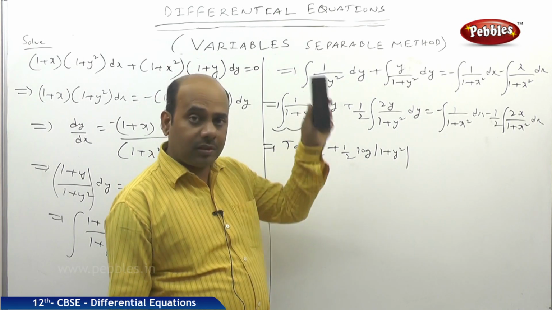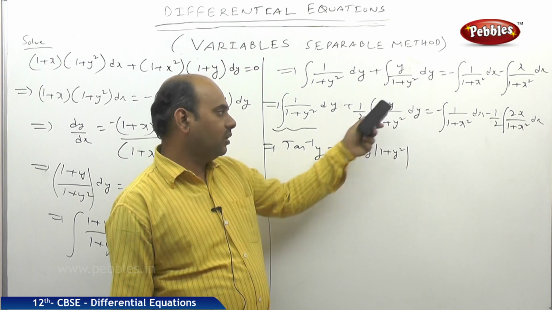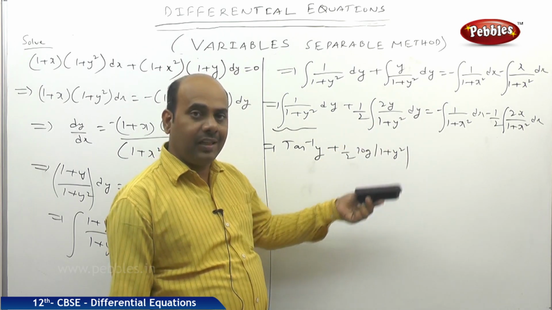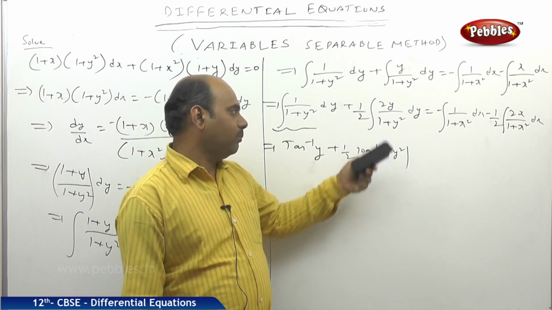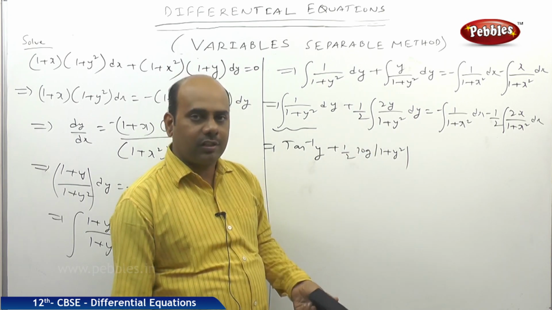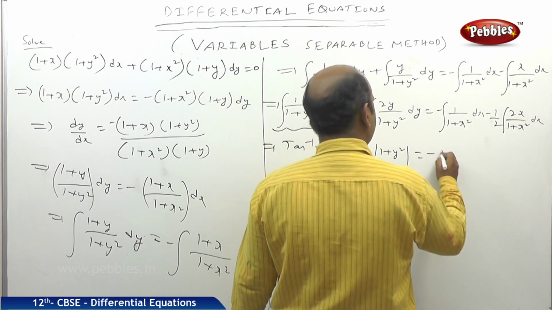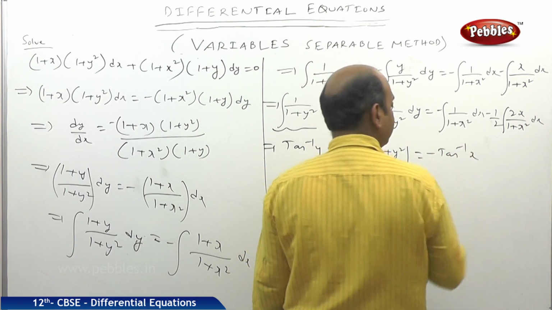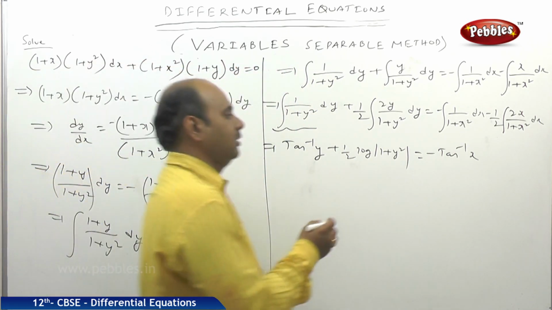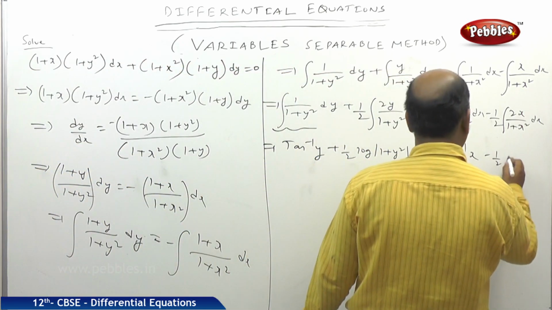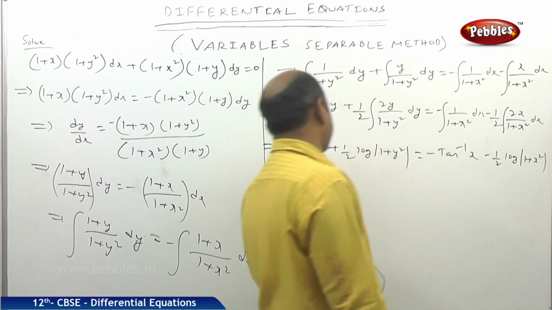In the substitution method of integration we have done, you put 1 + y² equal to t, then 2y dy we get as dt. So the integral of dt/t is nothing but log|t|, but in place of t here we have 1 + y². That is equal to, here also, minus tan inverse x, because the integral of 1/(1 + x²) is tan inverse x, minus 1/2 log|1 + x²|.